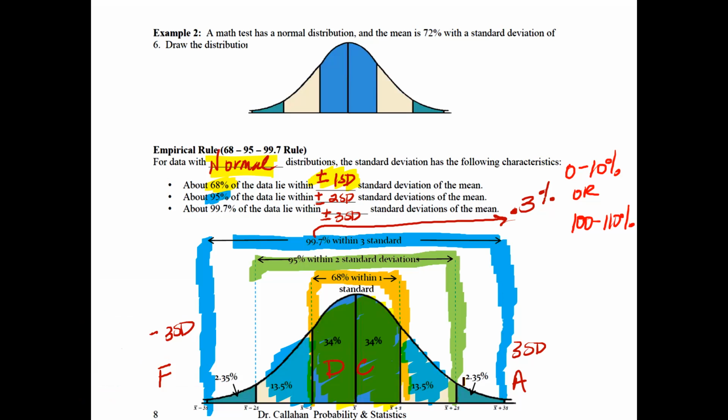And the next part is this little piece right here and this little piece right here, that's 3 standard deviations. So if you just take 95 plus 2.35 plus 2.35, that's going to lie within 99.7%, which is going to give you plus or minus 3 standard deviations from the mean. So the bigger the standard deviation means that you're further away from the mean.